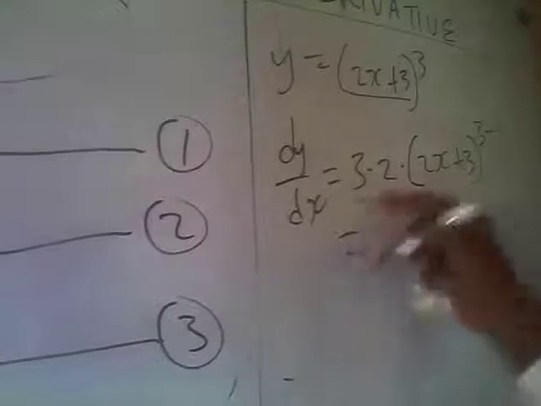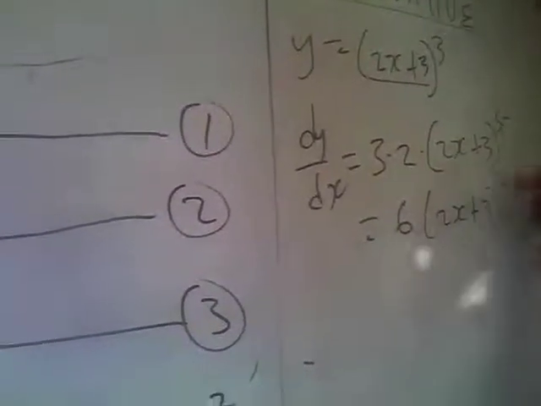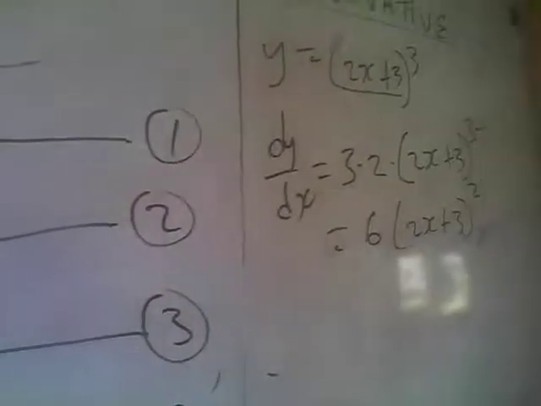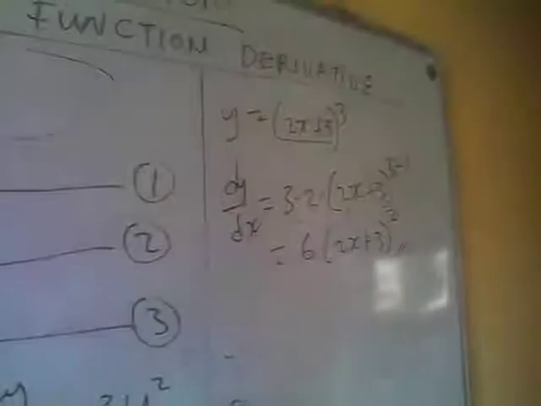So we have 3 times 2, which is 6, into (2x + 3) to the power 2. That is the alternative method of differentiating a composite function of this form.